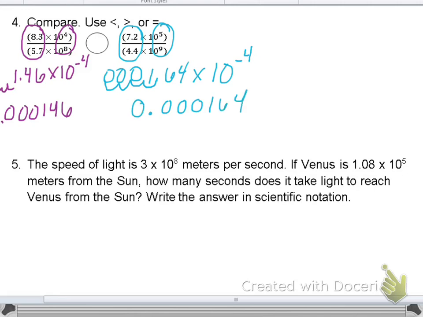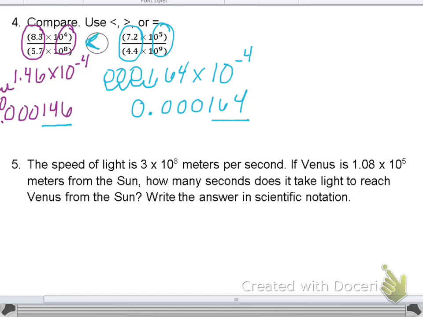And usually we put a 0 in front of the decimal just so that we're not confused. Now since they both are in the same place value, we need to just compare their numbers. So 146 to 164. 164 is greater, so this decimal is greater.